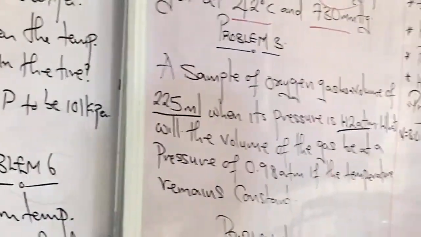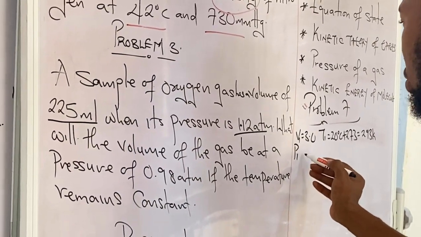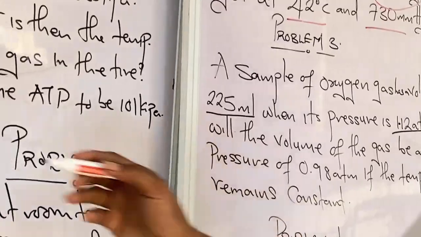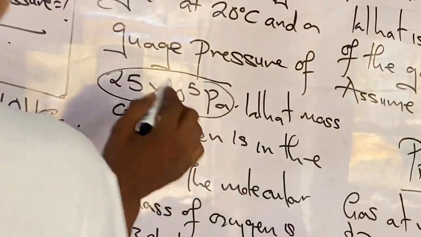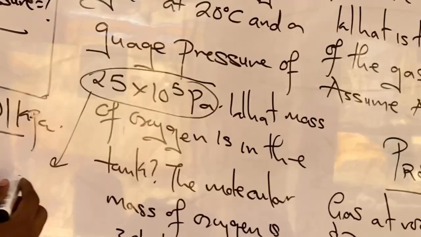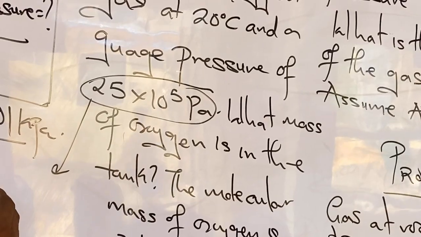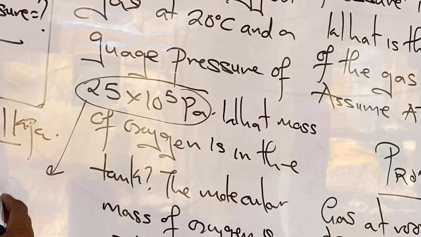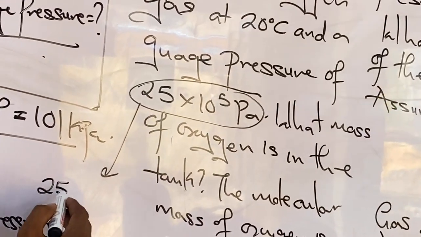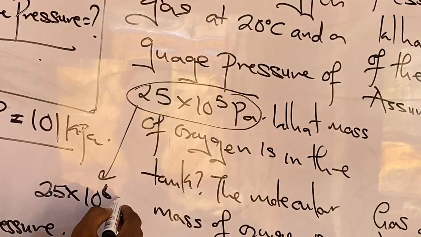So I'm going to write our P1 should now be equal to this gauge pressure here. Will you agree with that? If you convert this to 25 times 10 to the power of 6, it's the same thing as 2.5 times 10 raised to the power of 6 Pascal.